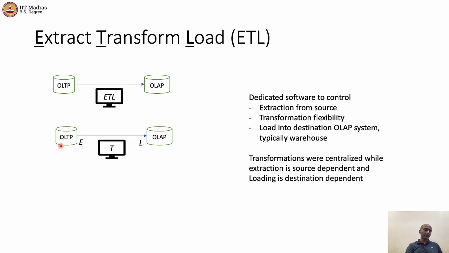If you just had one OLTP system, you don't really need a data warehouse. But if you had multiple, and each of them was talking about the same thing in different ways, then the data warehouse became an important piece of technology. And to populate the warehouse, it wasn't just a case of dumping data here and putting data there. You needed to actually use a standard set of transformations.